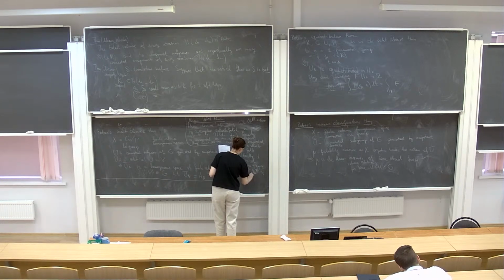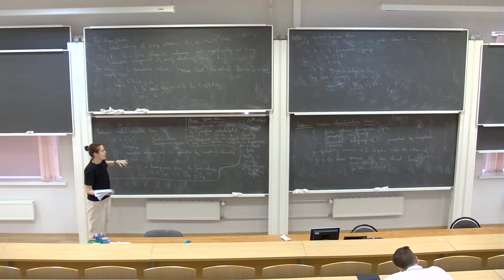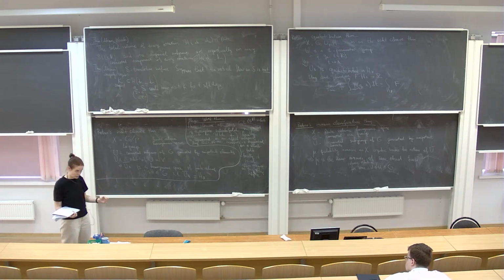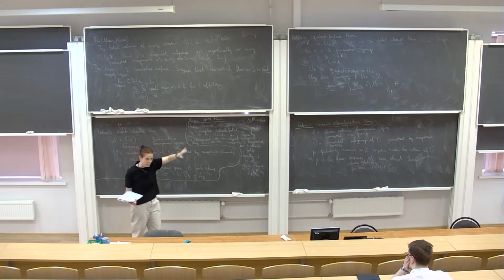So you see that this result, in some sense, can be seen as a kind of extension of Ratner's theorem to some non-homogeneous space, because we know that our space is not homogeneous. We just discussed that we have cusps.